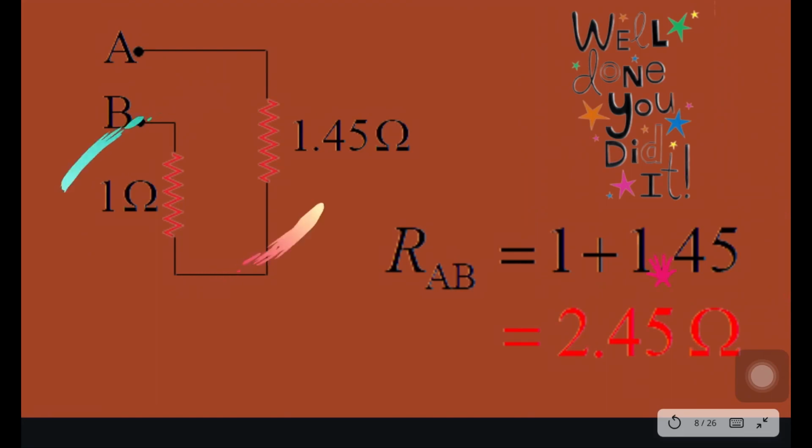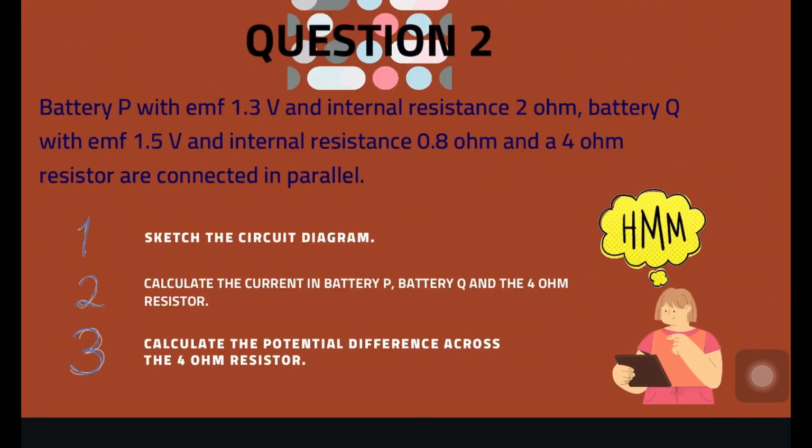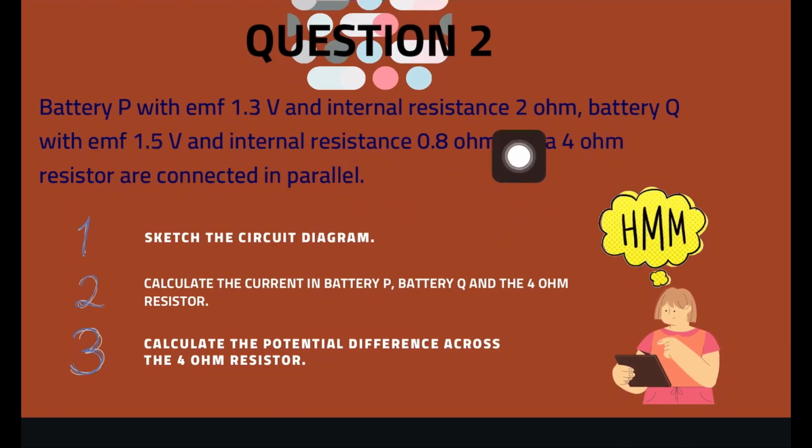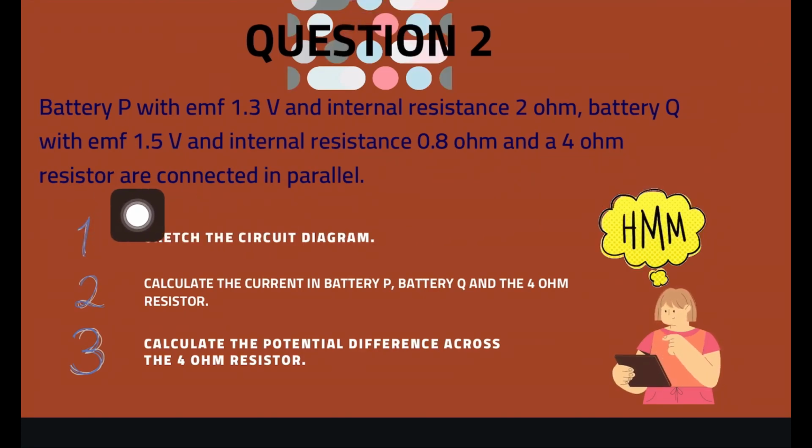Alright, okay guys, now we move to the second question. We have a battery P with EMF 1.3 volt and internal resistance of 2 ohm. So this battery P has an internal resistance. And then battery Q with EMF 1.5 volt and internal resistance 0.8 ohm. Battery Q with its internal resistance and a 4 ohm resistor are connected in parallel.